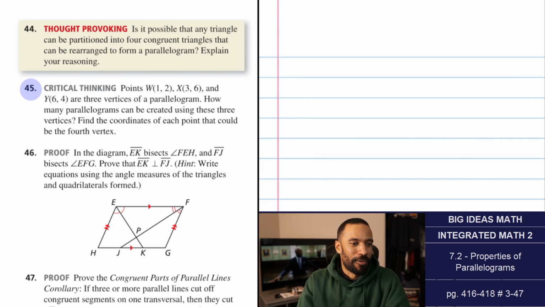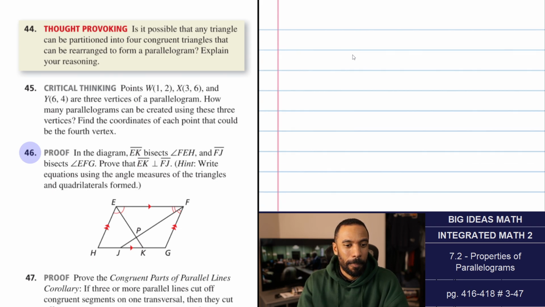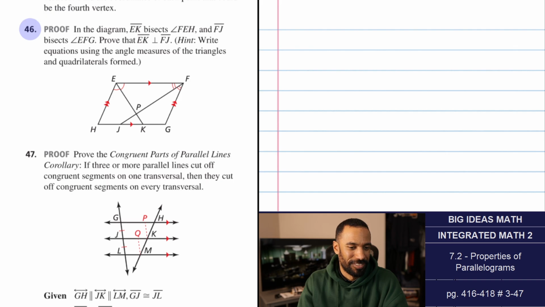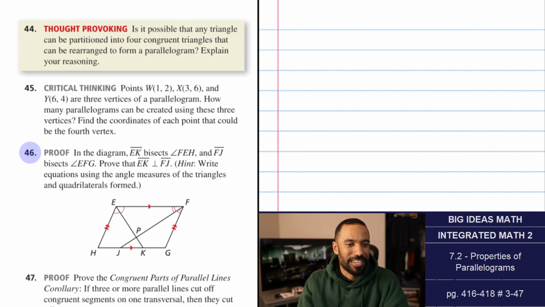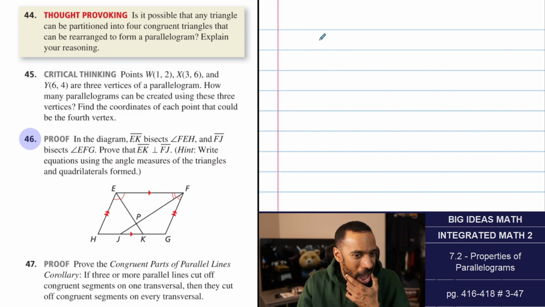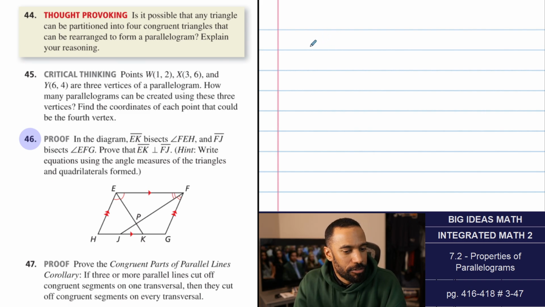Two more. Number 46. Oh, they're both proofs. Number 46, proof. Let's not look at 47 yet. In the diagram, segment EK bisects angle FEH, and segment FJ bisects angle EFG.